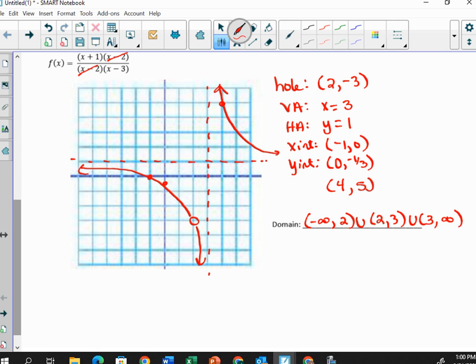And then it continues from 3. Because you're telling me what x values exist on the graph.